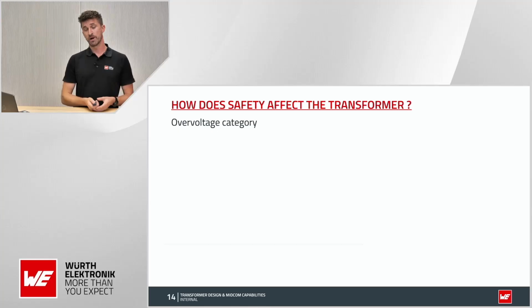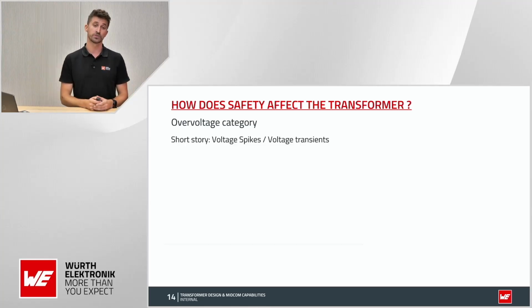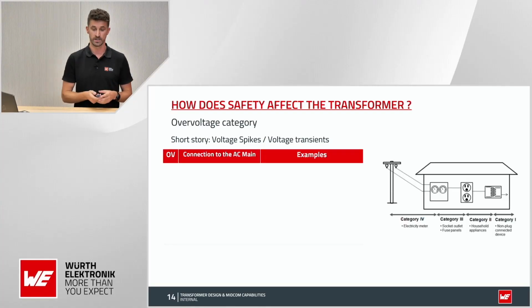Okay, now we are talking about the overvoltage category, and the short story is related to voltage spikes and voltage transients. To explain this concept, I represented a schematic here of a house where we can see the category 1, 2, 3, and 4.